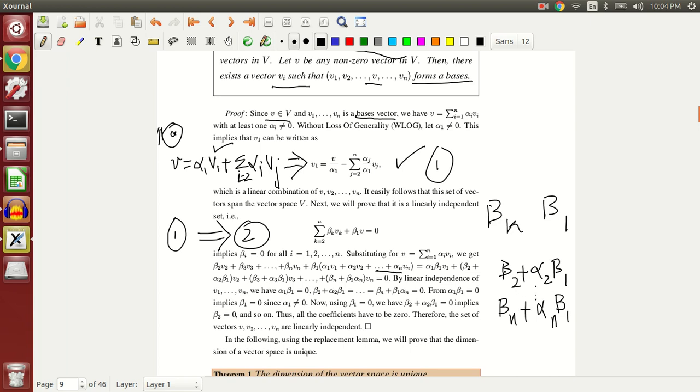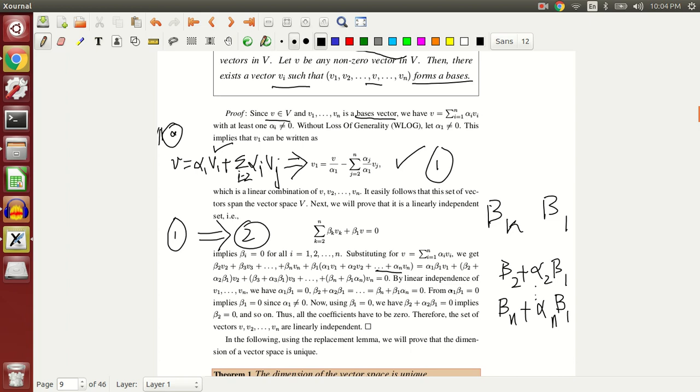So to prove that beta i is 0, that also means that by linear independence of v1, v2, v3, when linear independence means what? The linear combination is equal to 0. That would mean all these terms are 0, and all these terms are 0.